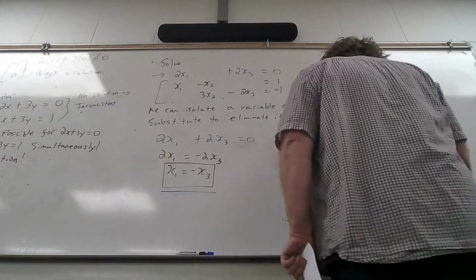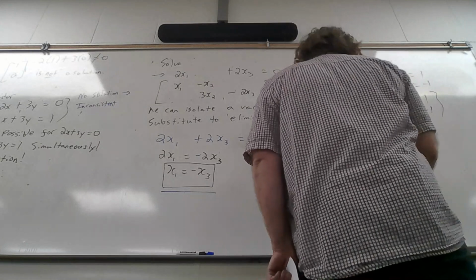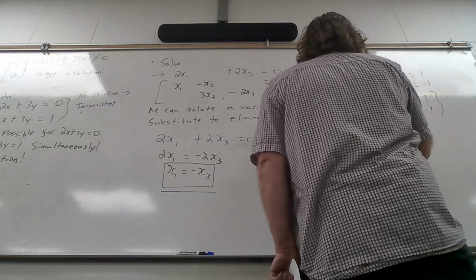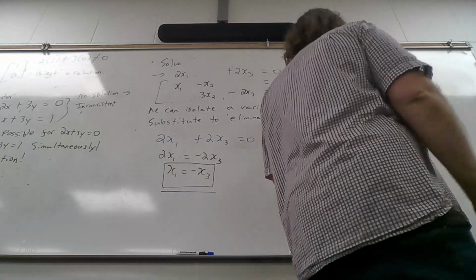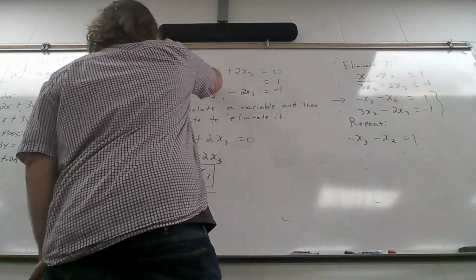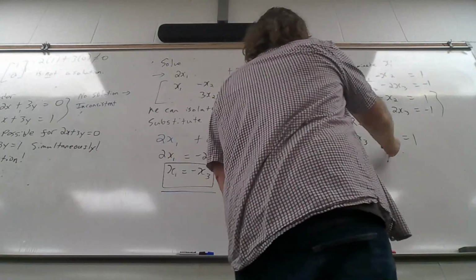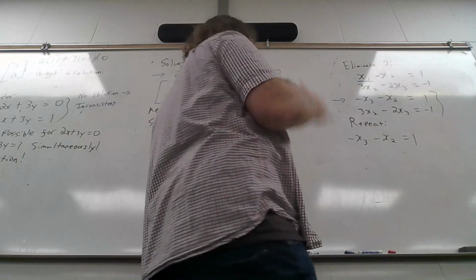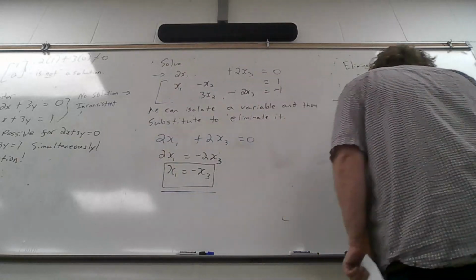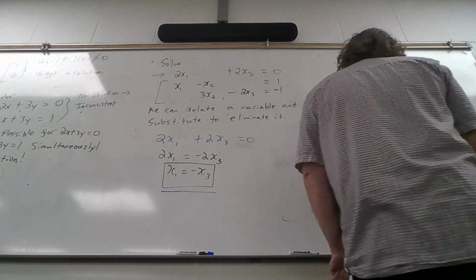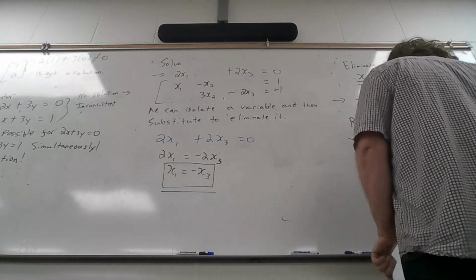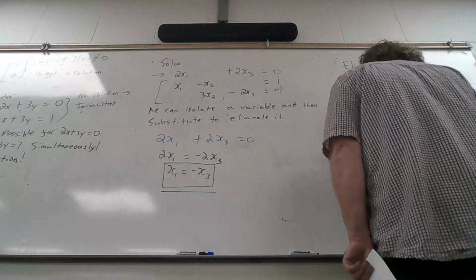So I'm going to go ahead and pick this equation: minus x3 minus x2 equals 1. And since I dealt with x1, I'm going to do x2, just in order, right? Just go by numbers. So we can move this to one side, or we can leave it on this side, depending on how you like to think about it.